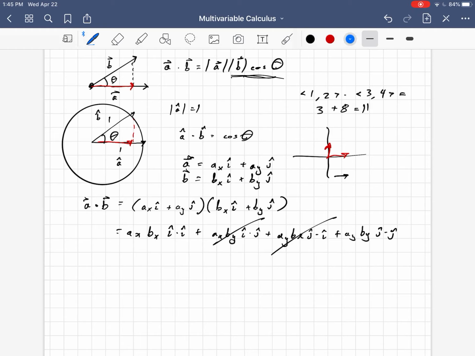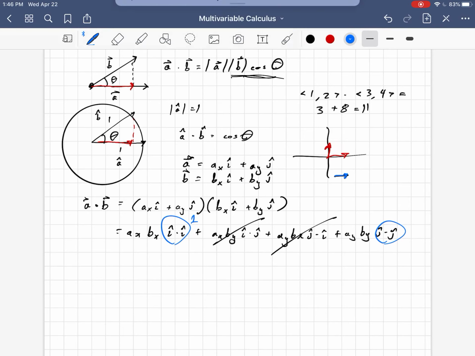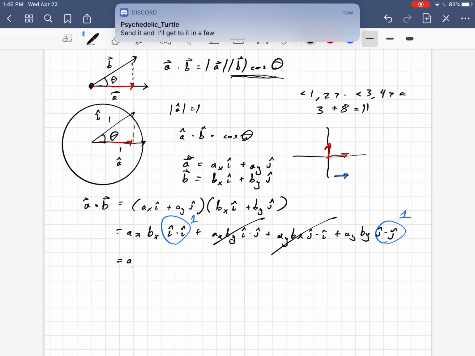And so if we have i hat dot i hat, or any unit vector dotted with itself, then we're going to get that same vector back. Because if I look at i hat and I dot i hat with itself, that's just asking how much of that blue vector lies on top of that black vector that I've originally drawn. Well, all of it. They coincide with each other. They're the same exact vector.